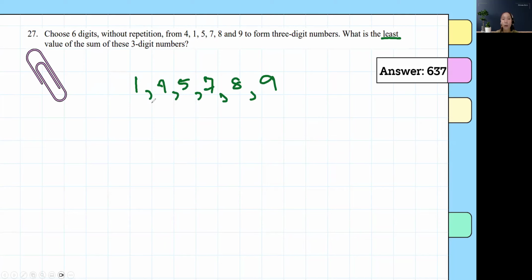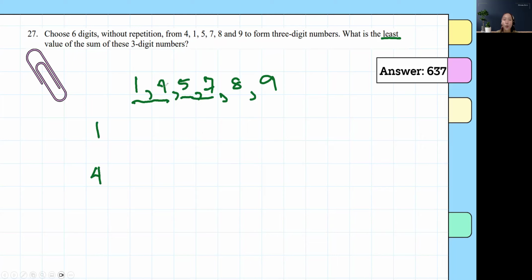So the least among these are 1 and 4. That should be the leading digits of our numbers, followed by 5 and 7.